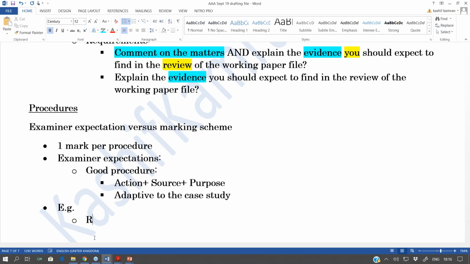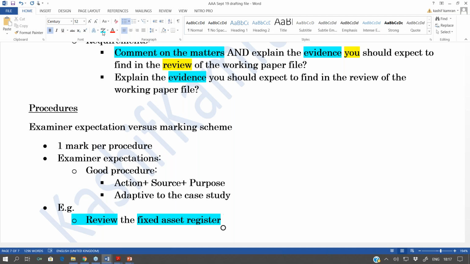If I say, review the fixed asset register. Now see what I have done. Review is the action. Fixed asset register is the source. But then I have to write the purpose.